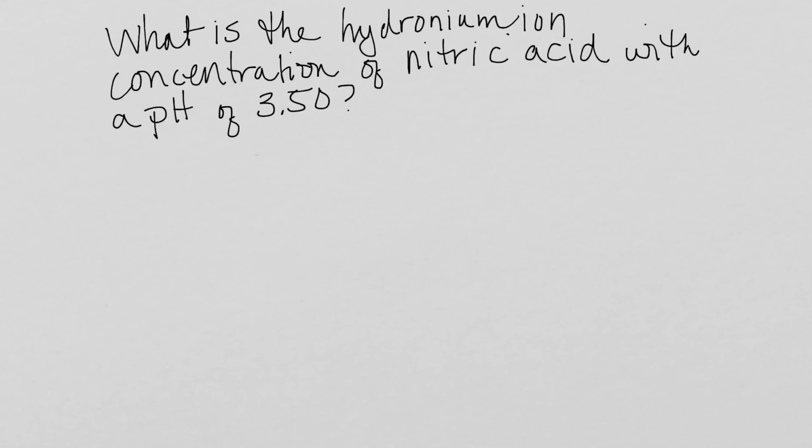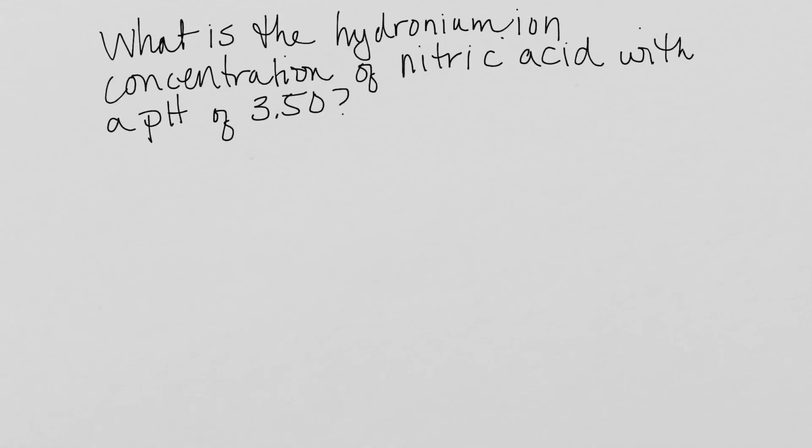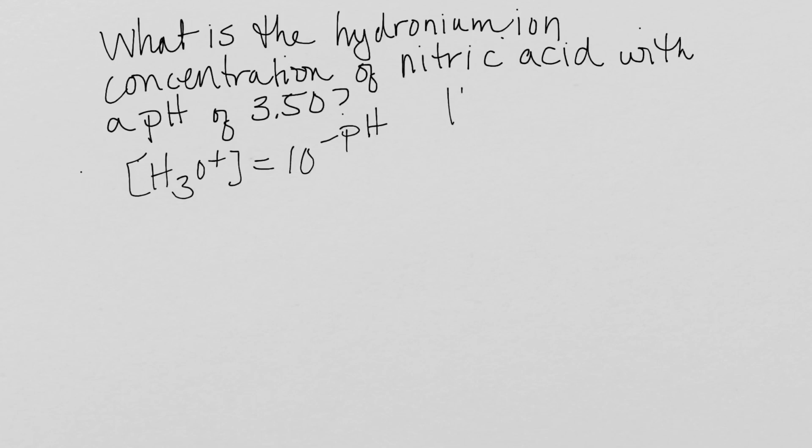Okay, so this one asks you for the hydronium ion concentration. And the hydronium ion concentration for this is basically using this equation. So you're given the pH, but what you have to make sure is there's a 1-to-1 ratio. So you need to know the formula for nitric acid, HNO3, which means that when it ionizes, it gives you this.